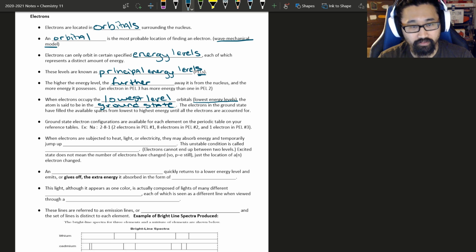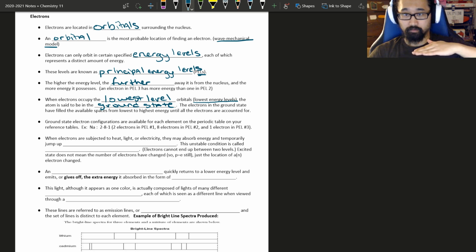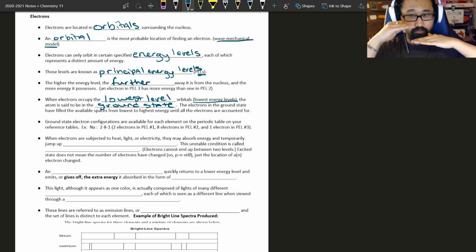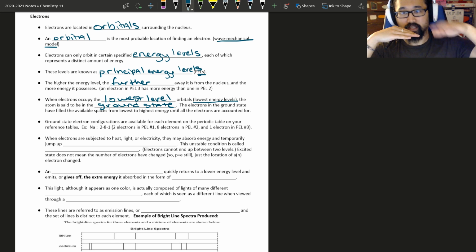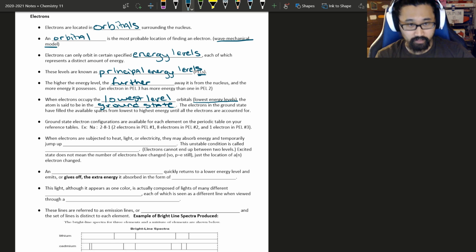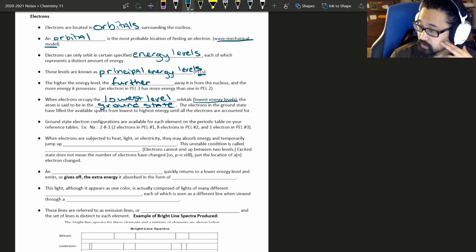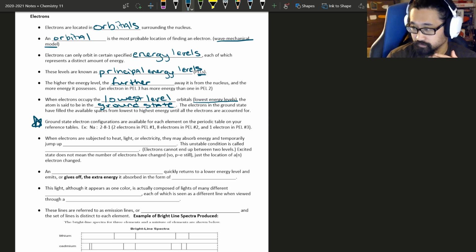Electrons fill in from the bottom floor, and they only move up an energy level if that lowest level is full. So it'll fill up the very first level, and then if the first level fills up, they'll fill up the second level. If the first and second levels are filled up, then they'll fill up the third level, and so on and so on. Now, the ground state electron configurations are on your reference table, so they're already there. You don't need to do anything special.